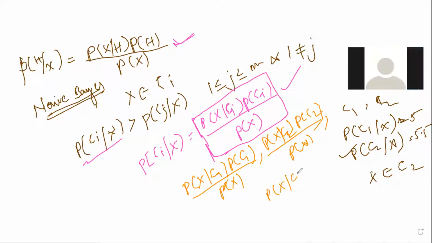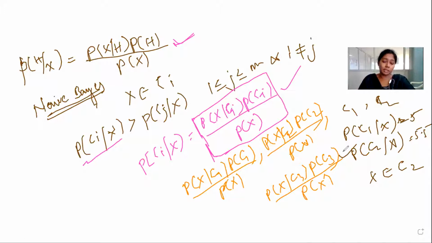P of x by C3, P of C3 by P of x. So however many classes we have, for each class we need to find the posterior probability of that class. We need to write the formula and calculate it for that many classes.